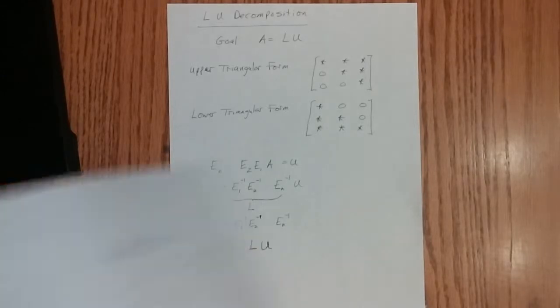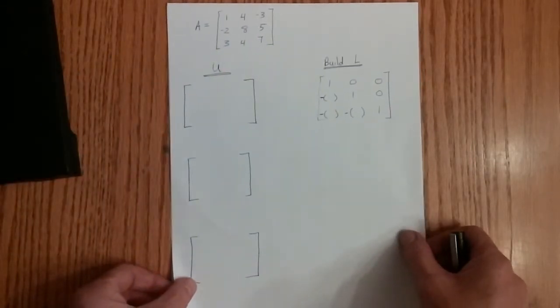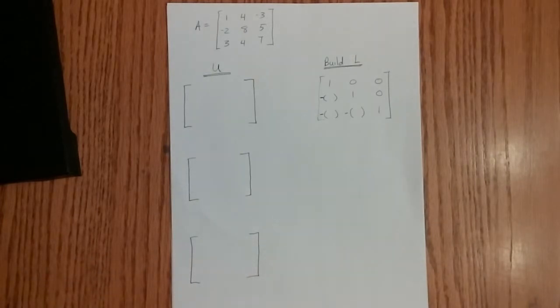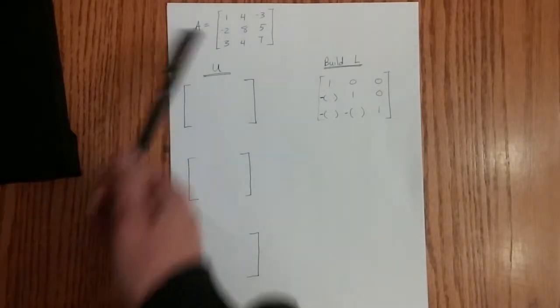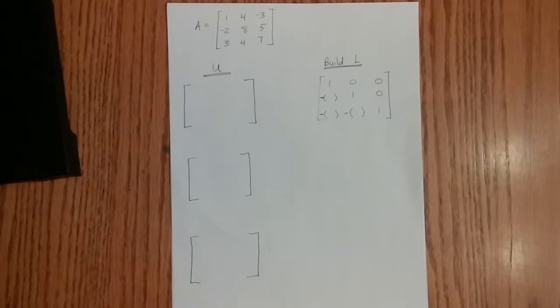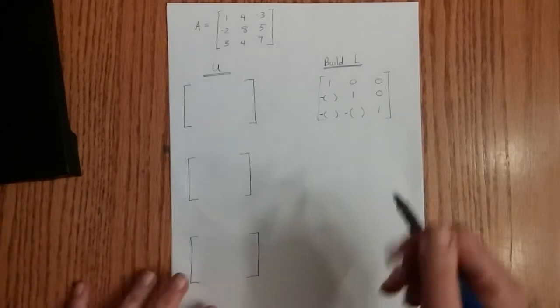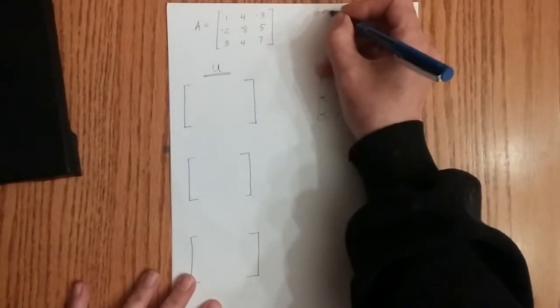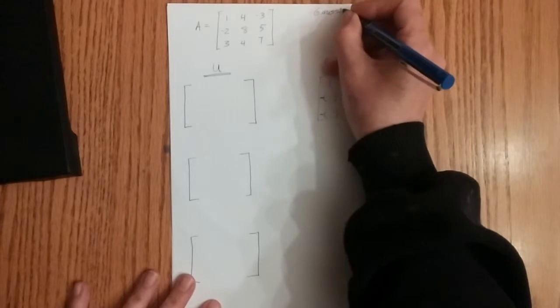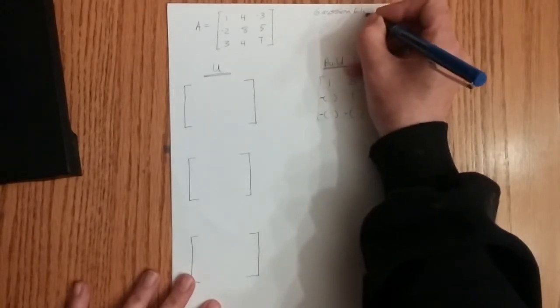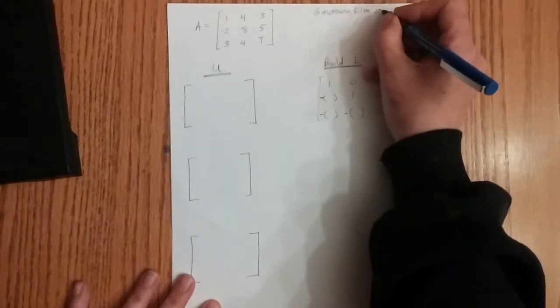So let's go through one of these to see how that works. We're going to start with the A matrix, and we do this by Gaussian elimination, or forward elimination.